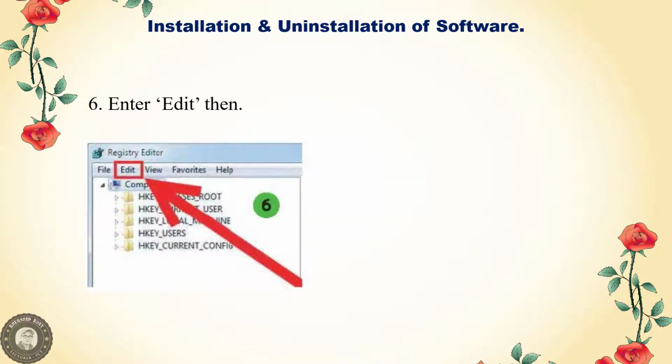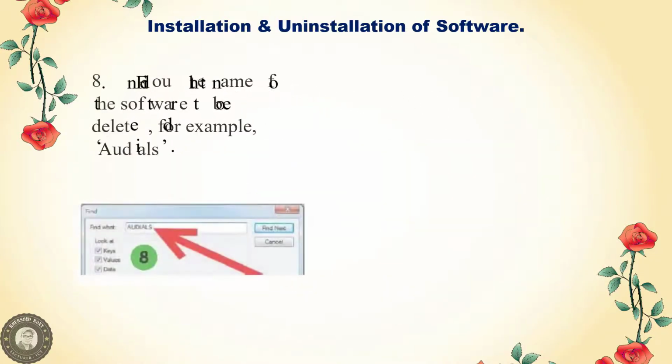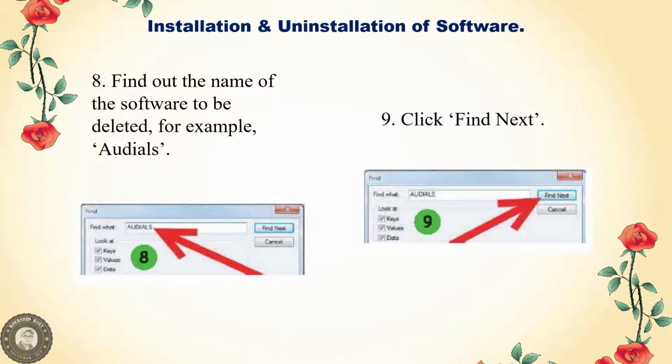Enter edit, then point to find out the name of the software to be deleted, for example Audials. Click Find Next.